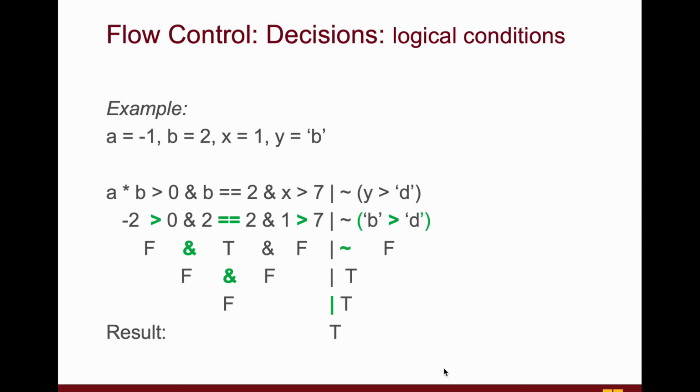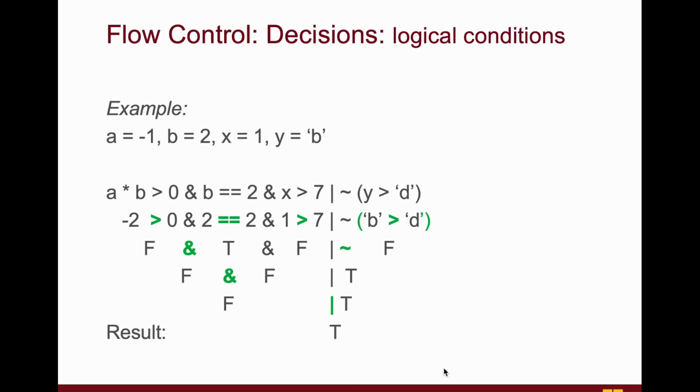Here is an interesting example, which shows us the priorities of the logical condition operators. So here we have a equals minus 1, b equals 2, x equals 1, and y equals the character b. And character b is in the range of 33, 34, about that range.